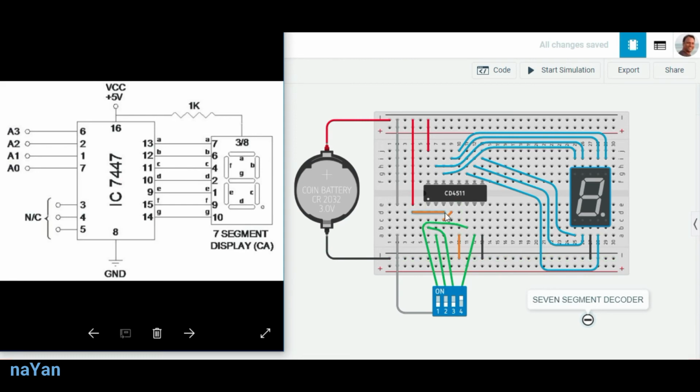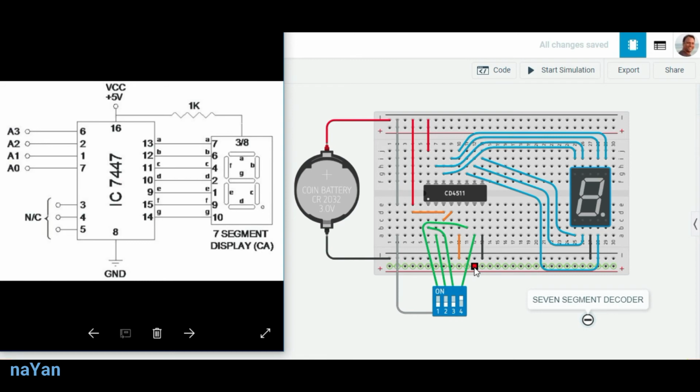It's a very small connection: 3 and 4 should be connected to VCC and pin number 5 should be connected to ground. If you are using a 7447 IC, we just leave these 3 pins as no connection. If we provide the inputs, our circuit will be completed.